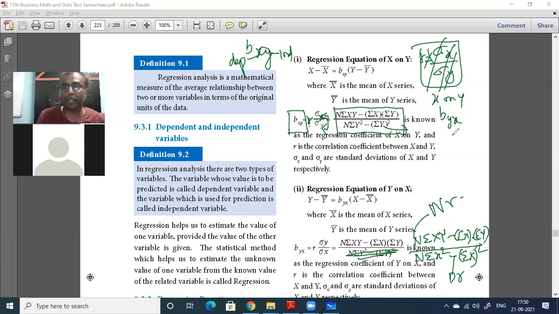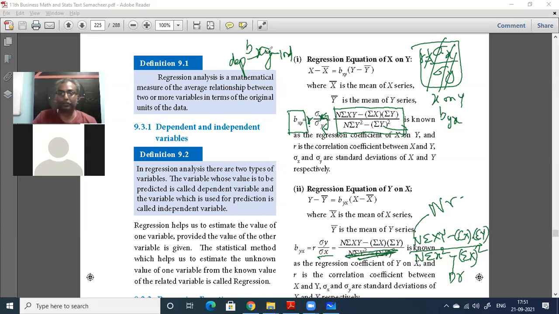If it is x on y, at the bottom you will have y. If it is y on x, at the bottom you will have x. So this formula is wrong, don't get confused. In the rest of your examples they are using the right formula.